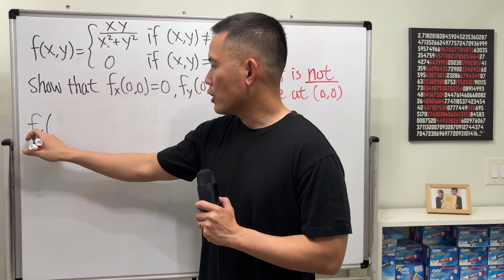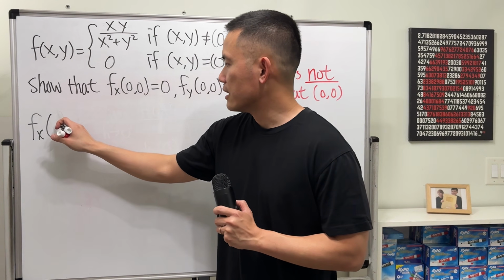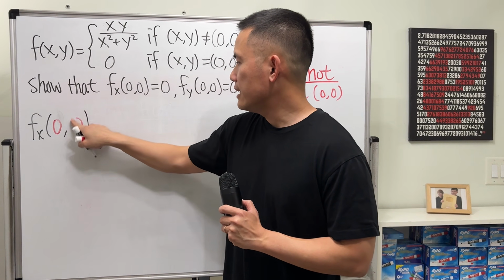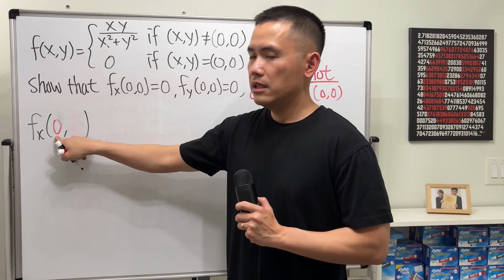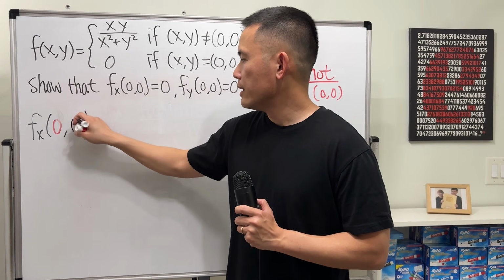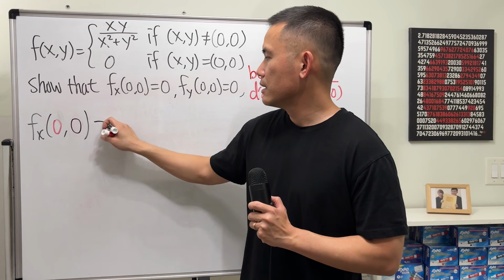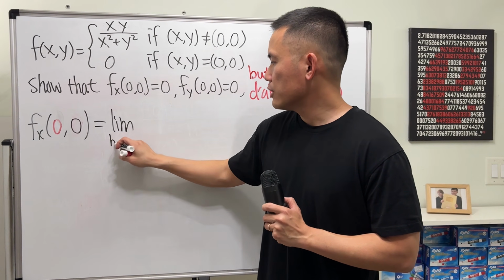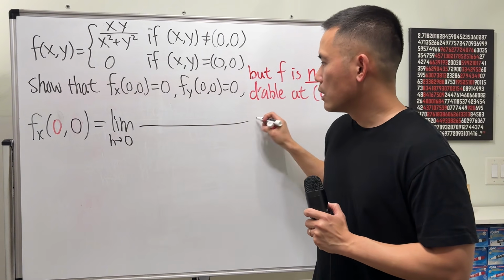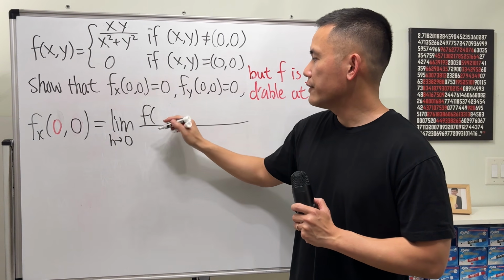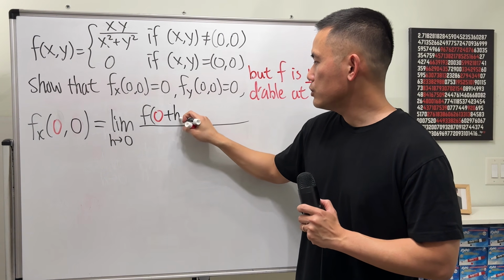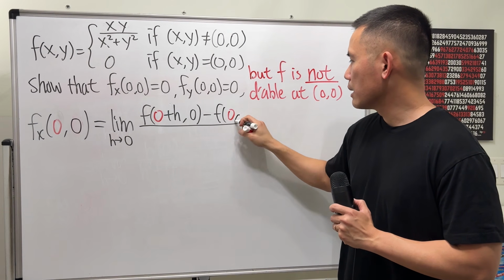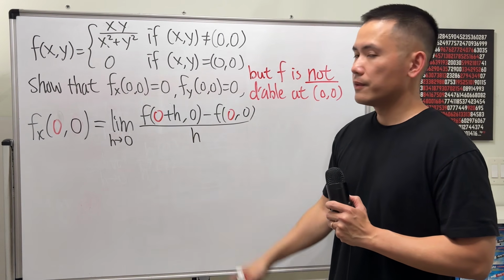The partial of f with respect to x at 0: the idea is that x is the variable and y is the constant, so keep that in mind. Here we take the limit as h approaches 0 of f(0 + h, 0) minus f(0, 0), all over h.